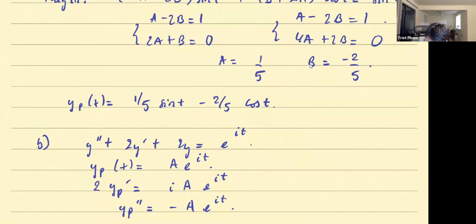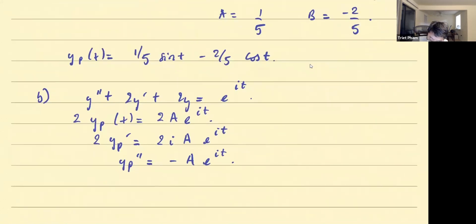So again, plug in. There's a 2 here and a 2 here. So all in all, what do I get? I get minus a plus 2i a plus 2a, so a times 1 plus 2i is equal to 1. Are we okay?